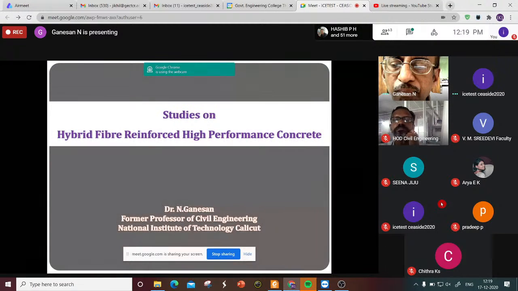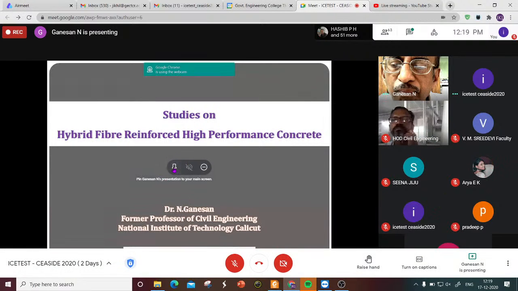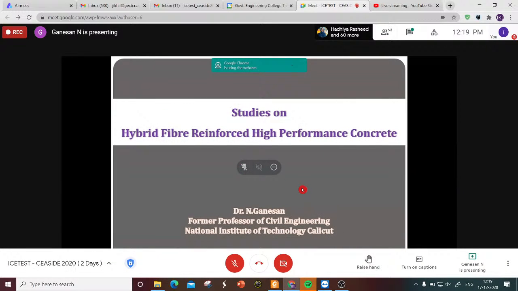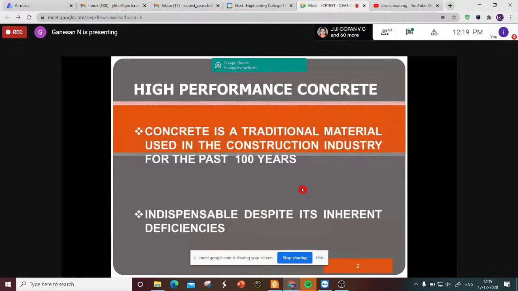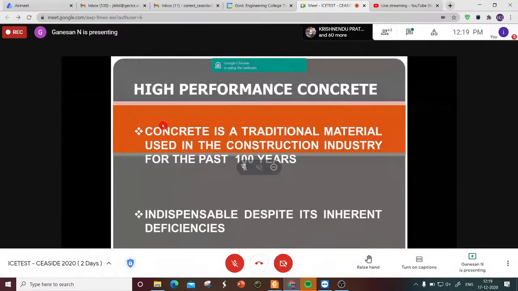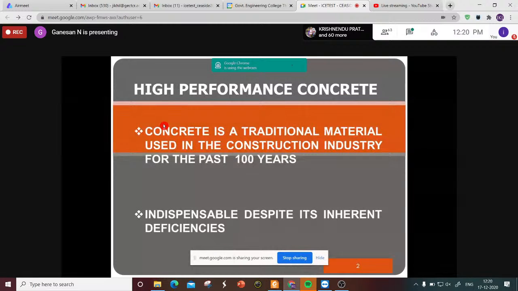Okay, so let me move on to the topic. Studies on hybrid fiber reinforced high performance concrete. That is what I want to speak. When we look at high performance concrete, we know that concrete is a traditional material used in the construction industry for the last so many years, more than 100 years, highly indispensable despite its inherent deficiencies.